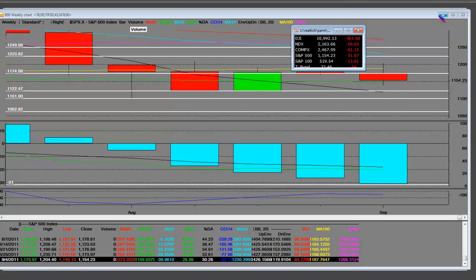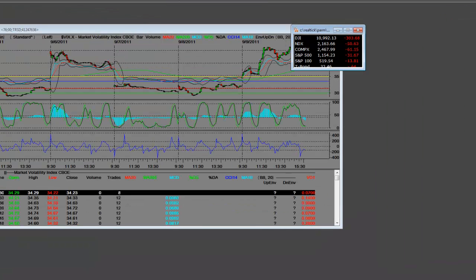That's the analysis on the weekly and the monthly S&P 500.